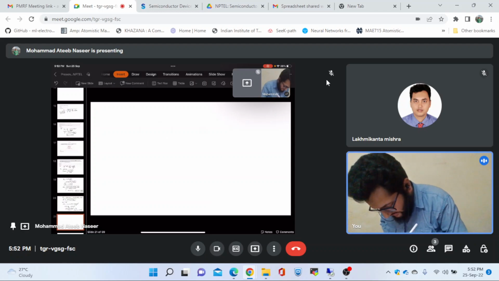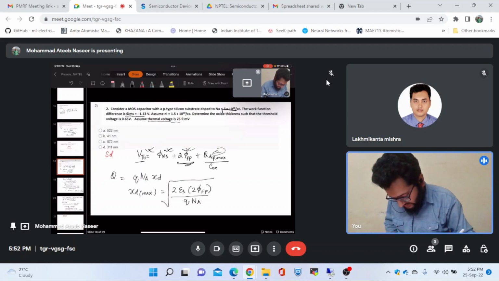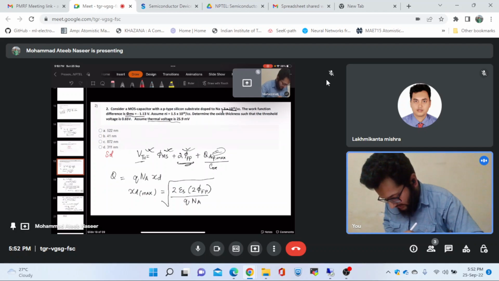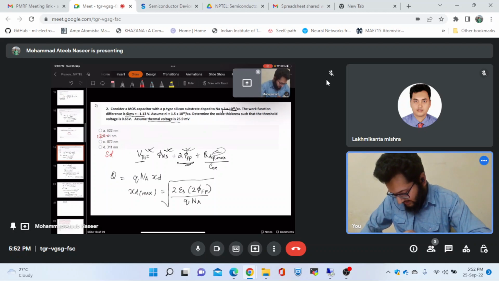So it would be simply equal to 41.1 nanometer. So option B seems the closest option. It is 41 nanometer that we will be getting.